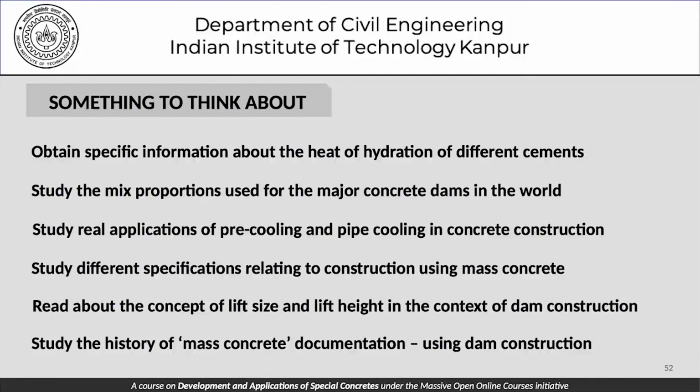Study different specifications relating to construction using mass concrete, the kind of things we talked about: the maximum temperature rise, the maximum amount of cement content, the permissible TCI, and so on.